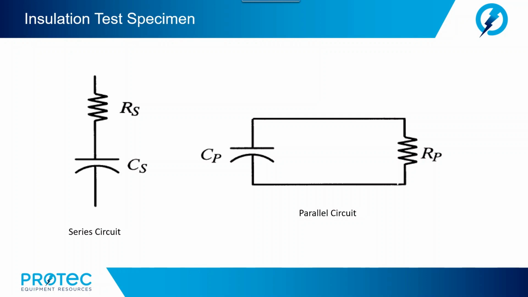The capacitor element represents the specimen's fundamental capacitance, for example, its ability to store electrically separated charges, while the resistor element represents the dissipated loss in the insulation when voltage is applied. As in this slide, there are two possible ways to combine a capacitor with a resistor.